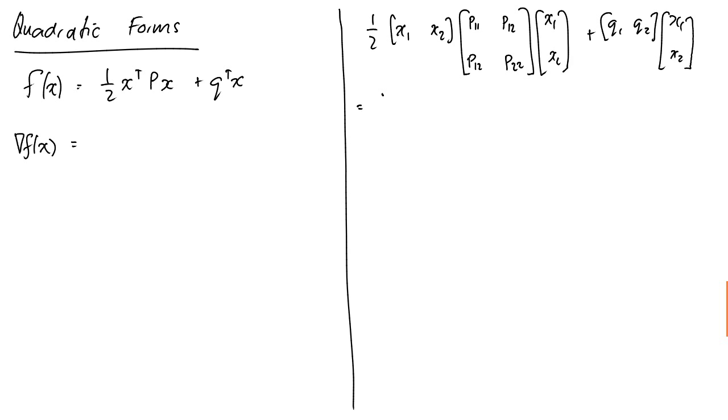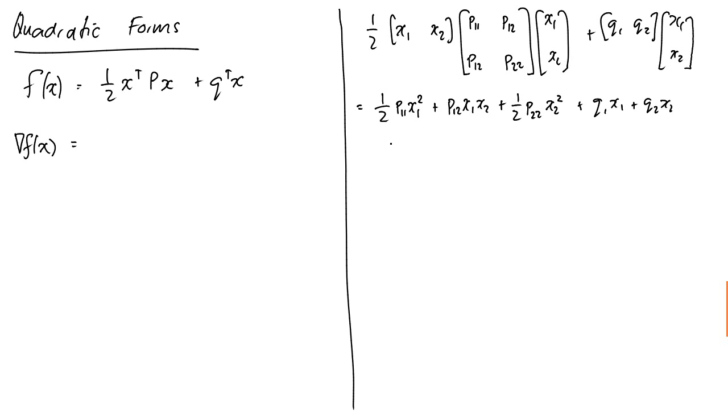It's probably more detail than we really need, but it's good to see it done in full just to convince ourselves that what we're doing is not wrong. Plus P 1 2 x1 x2, there are two of them, multiplied by half gives us 1, plus half P 2 2 x2 squared, plus q1 x1, plus q2 x2.